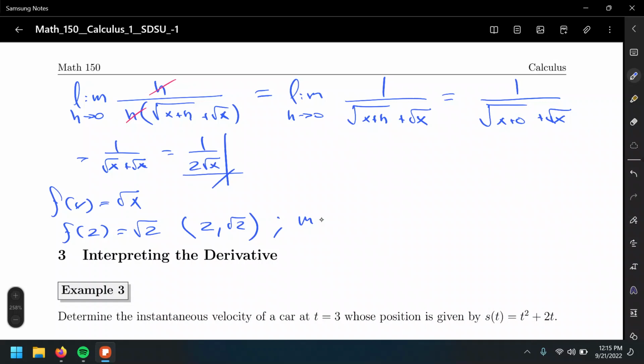The other one is the slope, which is the derivative, and that's 1 over 2 root of x.